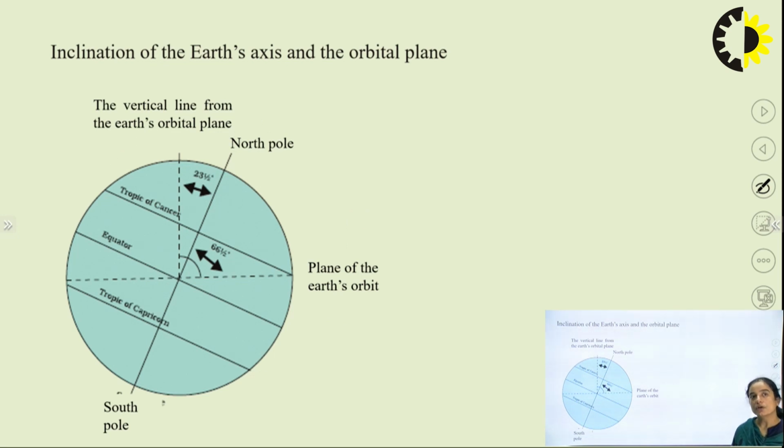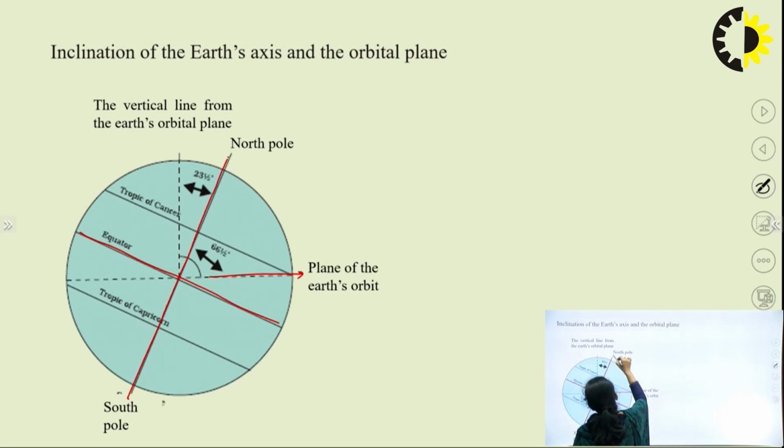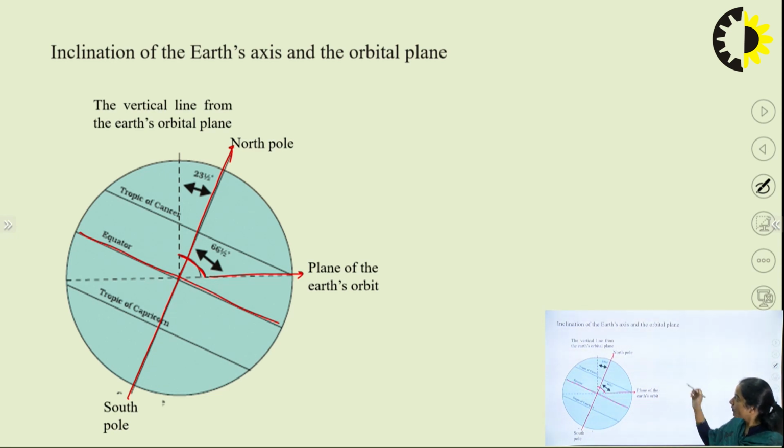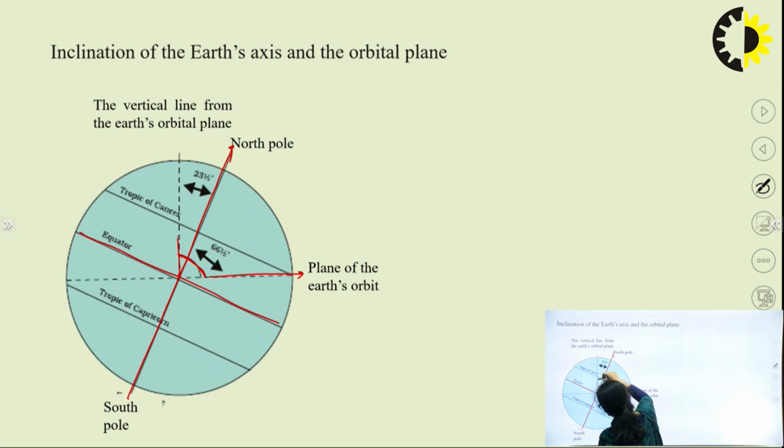So inclination of Earth's axis and the orbital plane. In this case this is the equator, and this is the plane of the Earth's orbit. Here the angle between the plane of the Earth's orbit and this is 66.5.